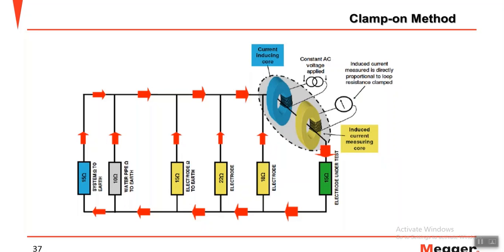This is a very useful method, especially if you want to measure a system where it is not possible to disconnect the ground system. With this method, you can still measure the resistance without disconnecting the ground electrode.